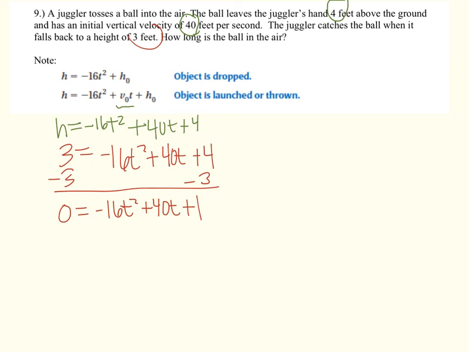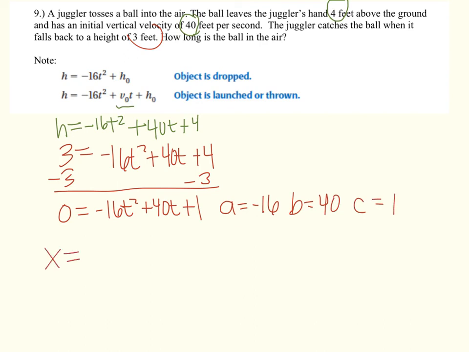So now we can identify A, B, and C. So A equals negative 16, B equals 40, and your constant is 1.